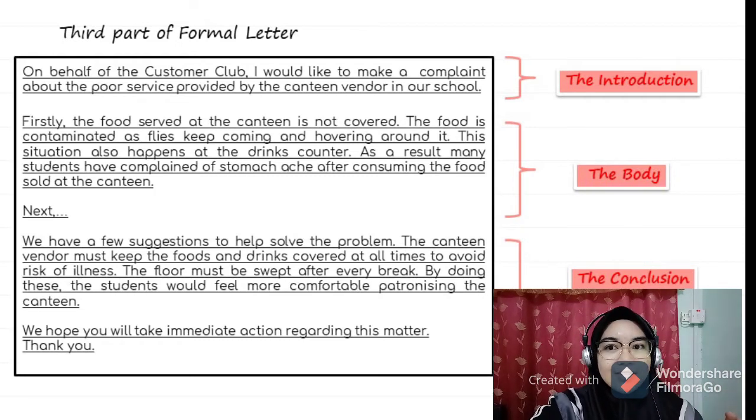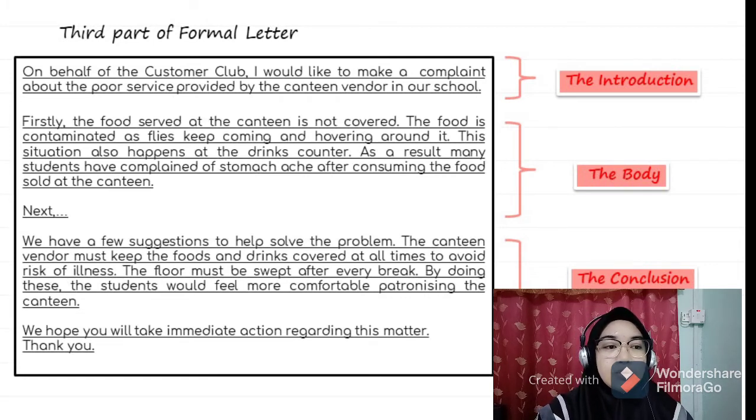The body of the content should be written in paragraphs. Each paragraph should consist of relevant information or the main points. Students, it is important to keep the information to the essentials and concentrate on organizing it in a clear and logical sequence. For instance, based on the diagram below, firstly, the food served at the canteen is not covered.